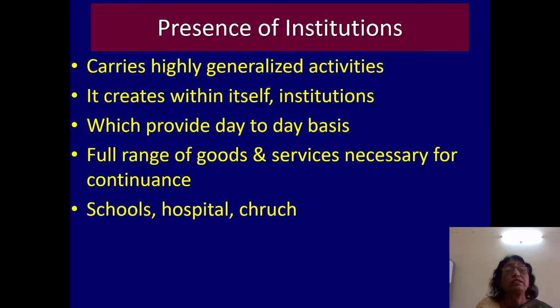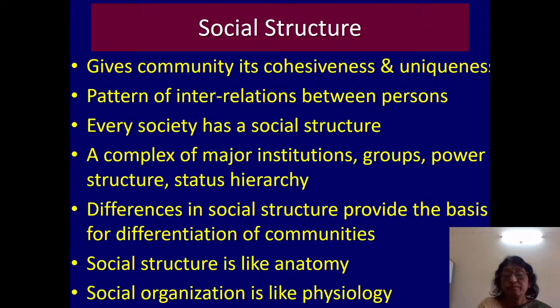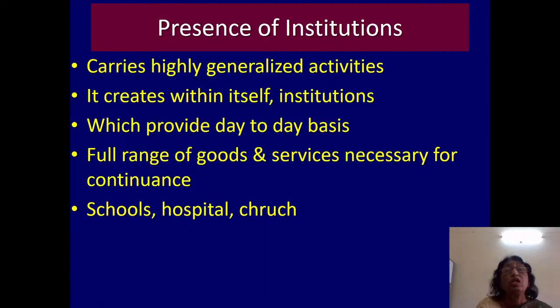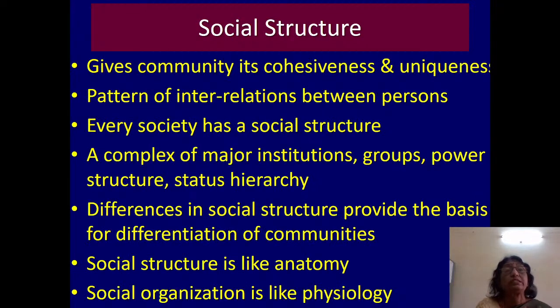It will provide day-to-day goods and services necessary for continuity. For example, schools are institutions, our college is an institution, a hospital is an institution, a church is an institution. All these are institutions.